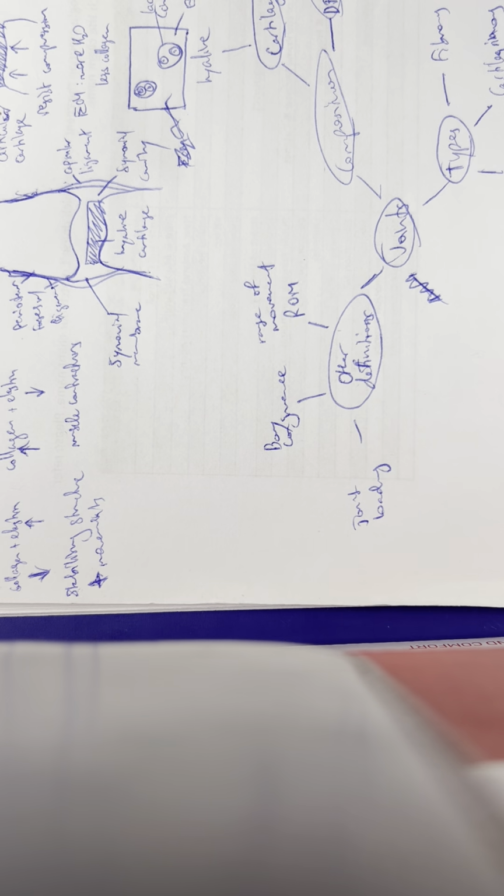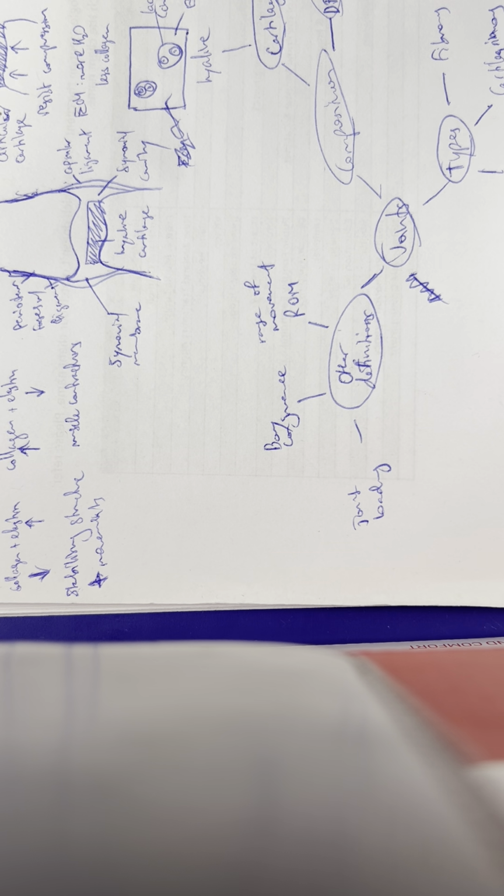And range of movement refers to how the joint determines the movement. There are different types of joints, and those are made up of different things, or different amounts of each component, so that it produces a different result on movement.